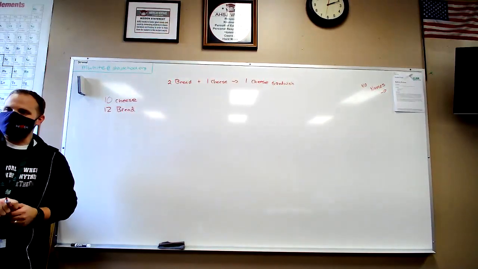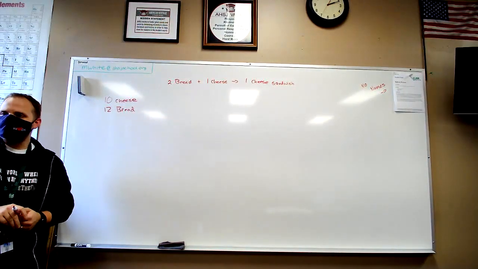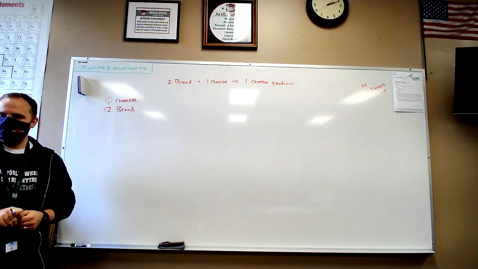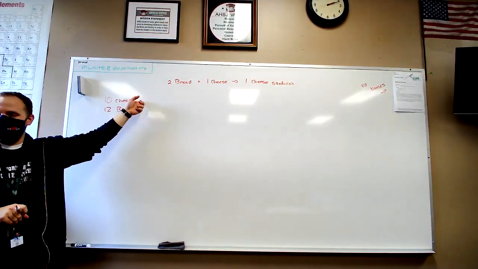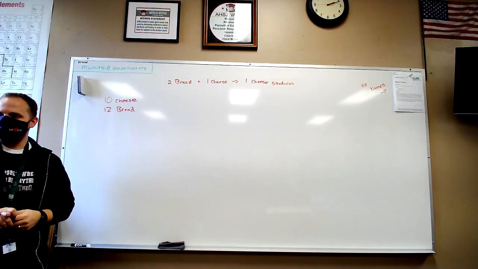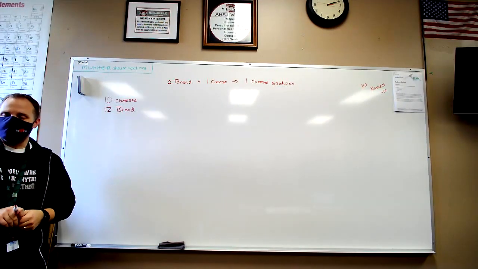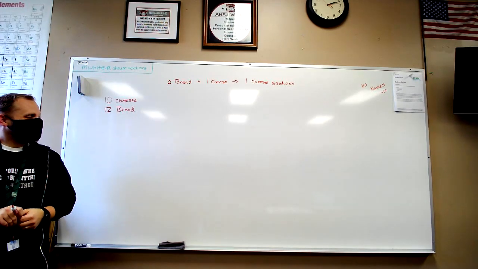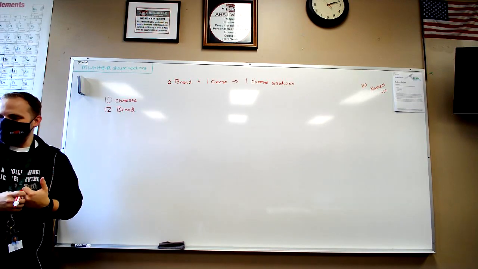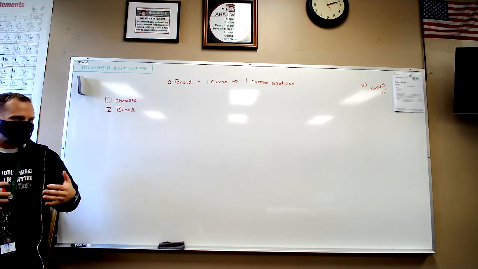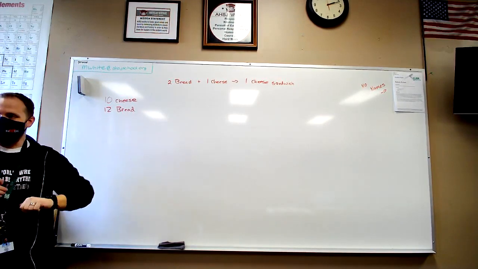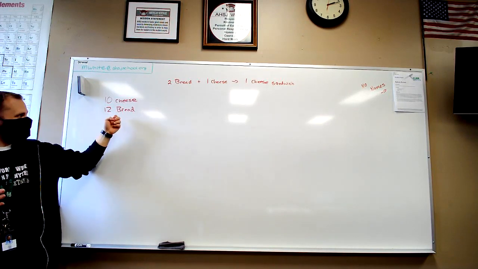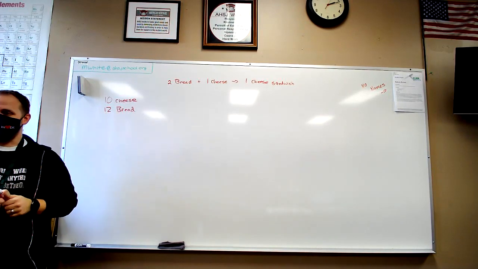How many cheese sandwiches can you make? 6. If you have 10 pieces of cheese, why can you only make 6 sandwiches? Because you've run out of bread. What you did, without even thinking of it, was ask which one we are going to run out of first, and you came up with bread. Makes sense.